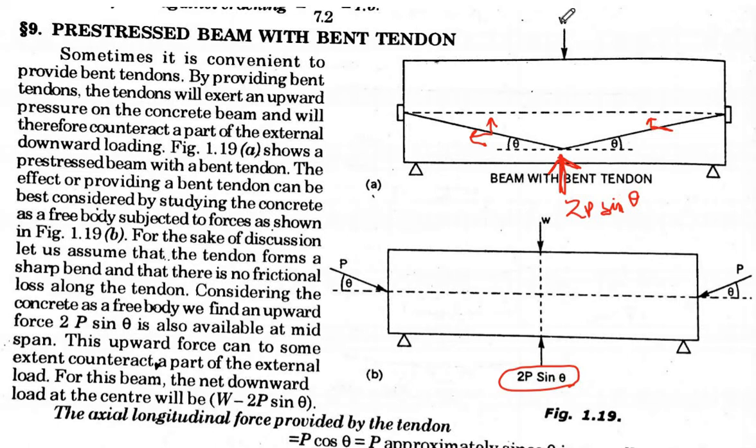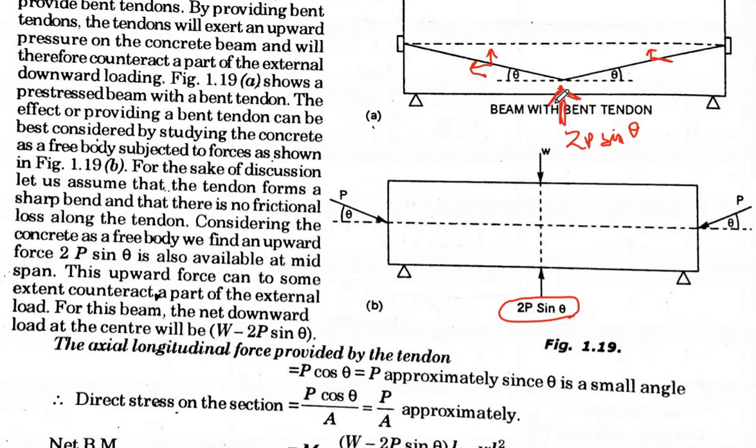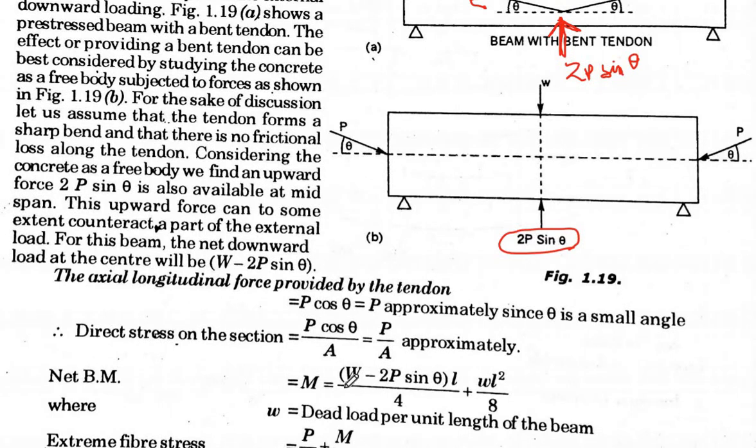When we subtract the two, some amount of load remains, and that load is going to act on the beam. The entire load W is not going to act on the beam; after subtracting the upward thrust resisted by the tendon, only that small remaining load will produce the stresses in the beam. So that will be W minus 2P sine theta. See here, the net bending moment will be how much?